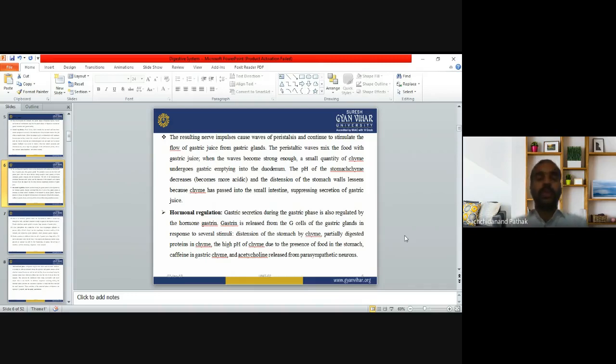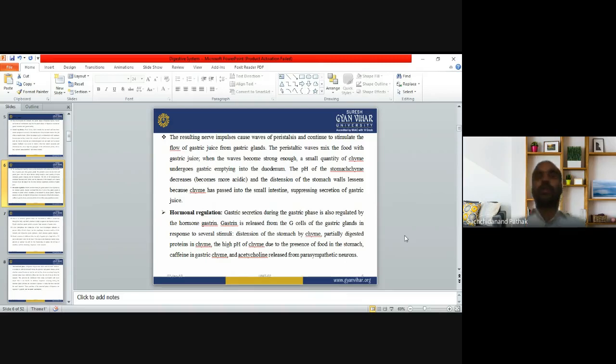The peristaltic wave mixes the food with the gastric juice, and when the wave becomes strong enough, a small quantity of chyme undergoes gastric emptying into the duodenum. The pH of the stomach chyme decreases and the distension of the stomach wall lessens because chyme has passed into the small intestine, suppressing the secretion of gastric juice.